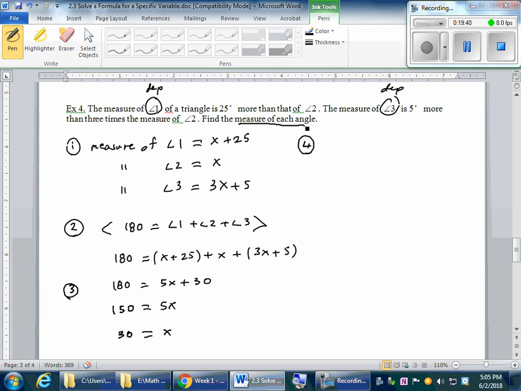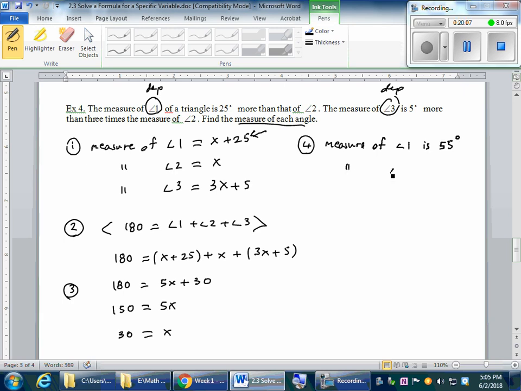So the measure of angle 1 is this expression. The value of x is 30, so 30 plus 25 is 55.